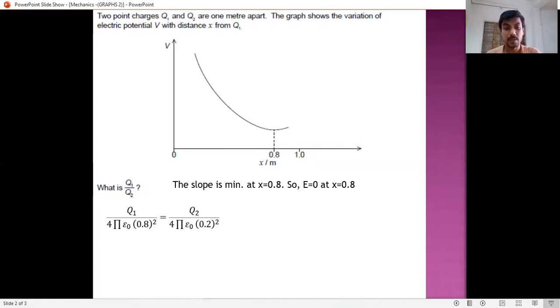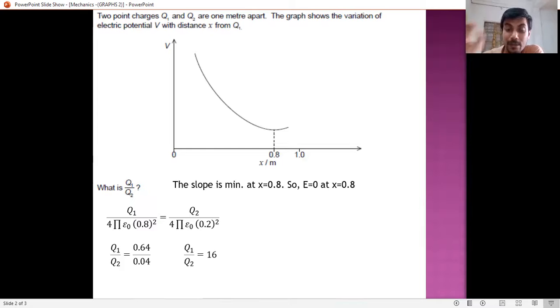So this is the expression that we get. After that, I think it's quite easy to get along. We just have to simplify this, and we have the ratio of these 2 charges. And finally, if you simplify it more, this is what you get, and you get your answer.